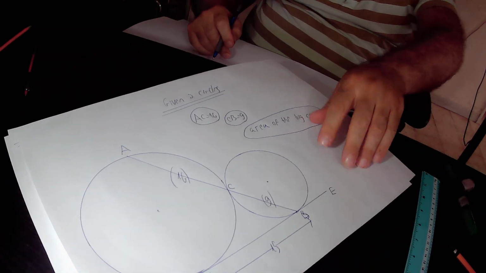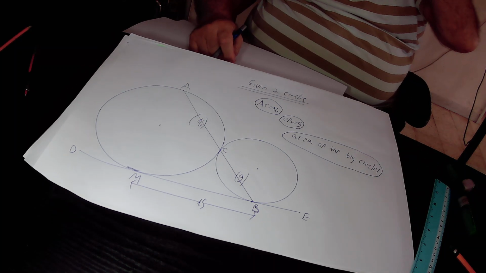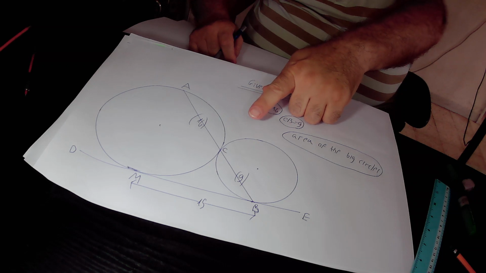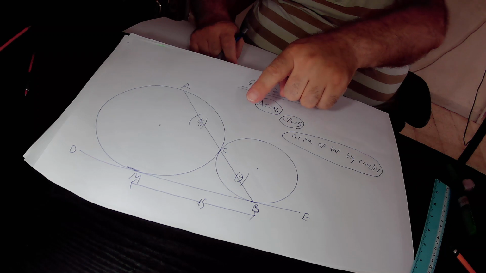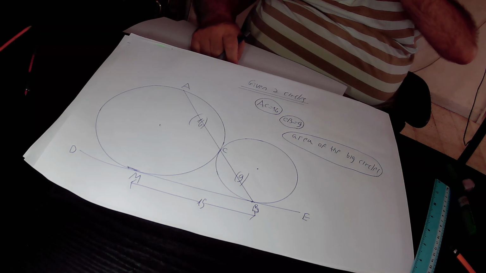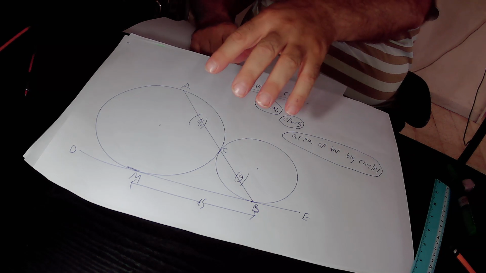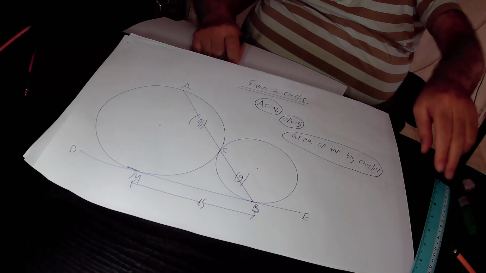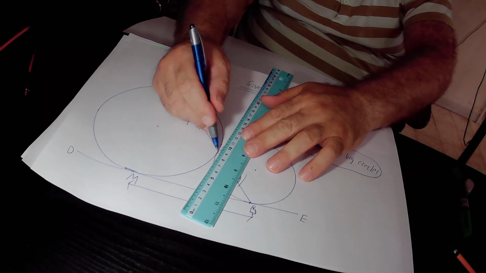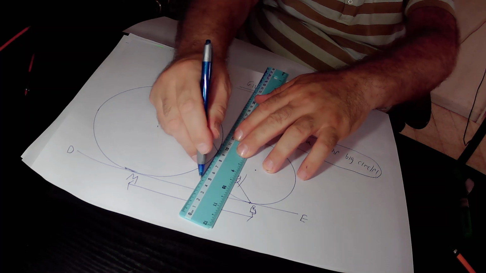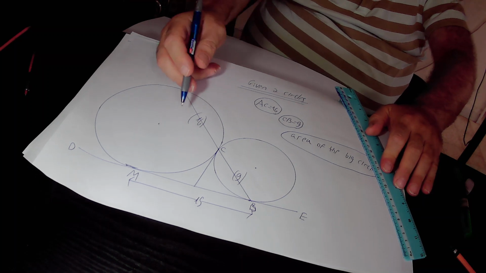In the next step, we will do a construction. That is to say, we will draw a common tangent to those two circles at point C. And we'll define the touching point of the common tangent with tangent DE.